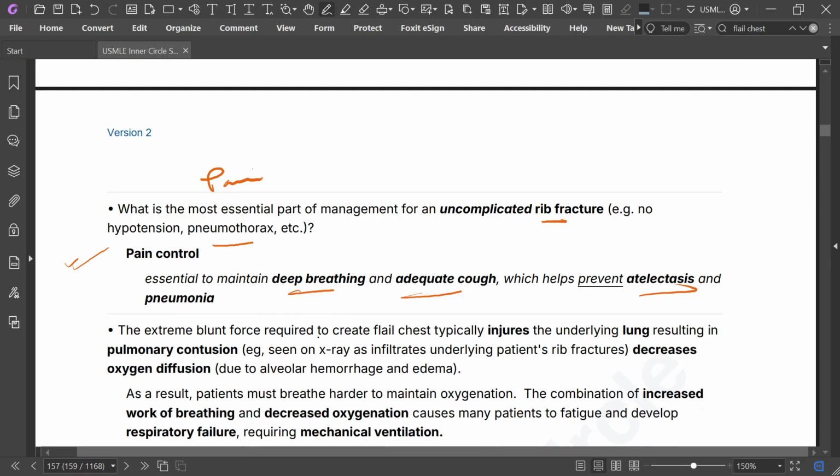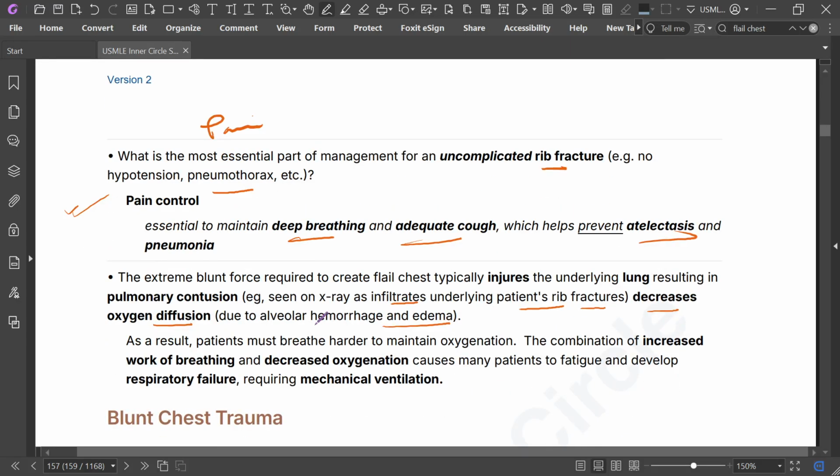The extreme blunt force required to create flail chest typically injures the underlying lung, resulting in pulmonary contusion, seen on X-ray as infiltrates underlying the patient's rib fracture. It decreases oxygen diffusion due to alveolar hemorrhage and edema.